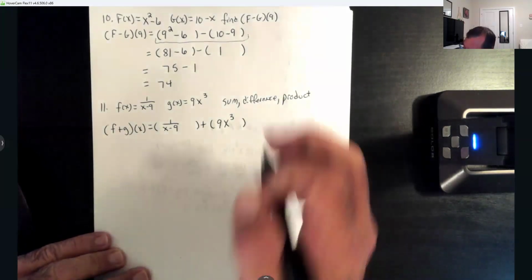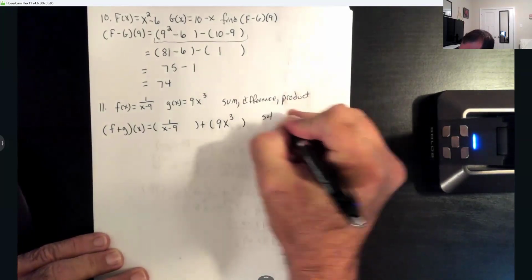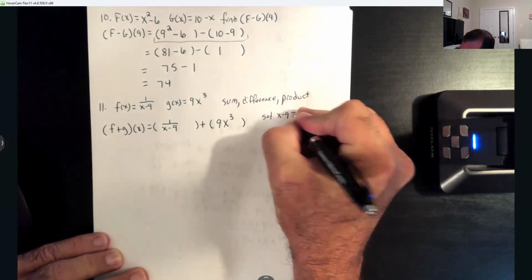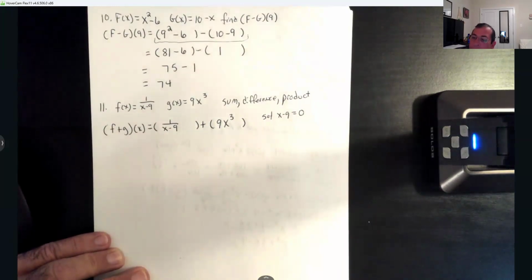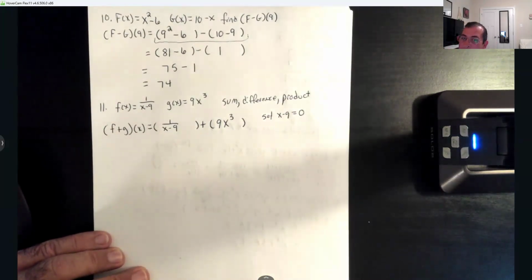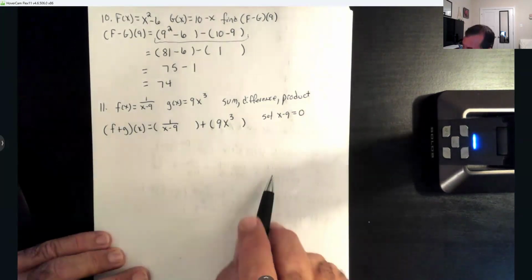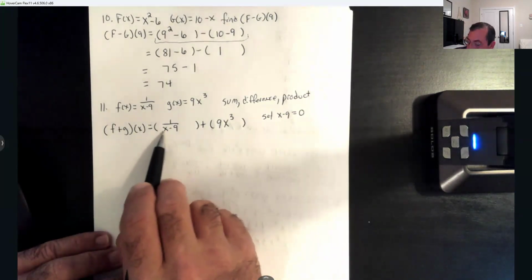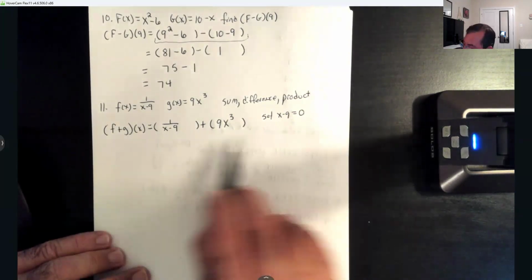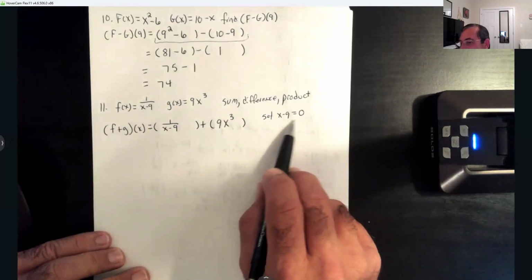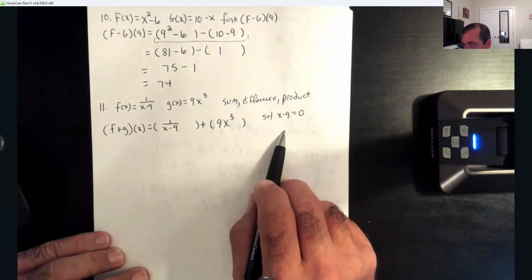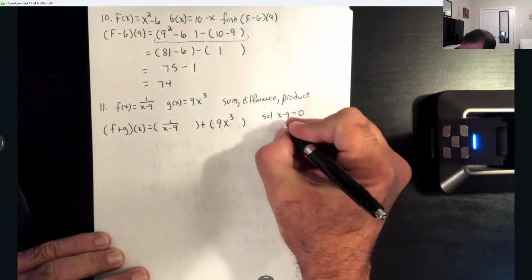Now, remember, if you want to, you can set x minus 9 equal to 0. But y'all listen, when you're doing a domain, the only thing you're concerned with are the denominators of a fraction, okay? And that's a denominator sitting there. And this cannot equal 0. So by setting it equal to 0, I can find the number that made that happen. And y'all watch this.